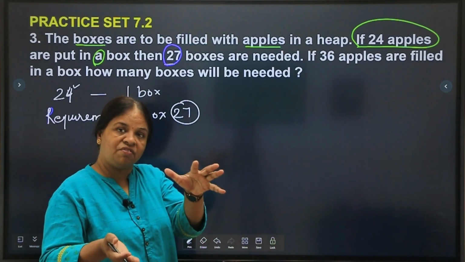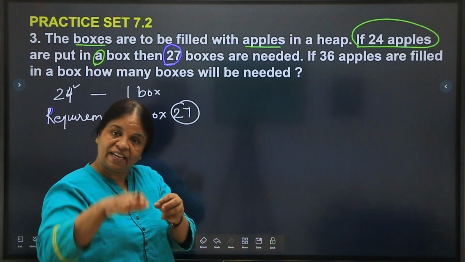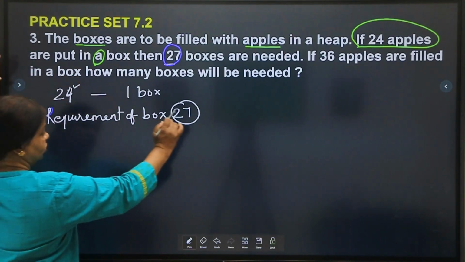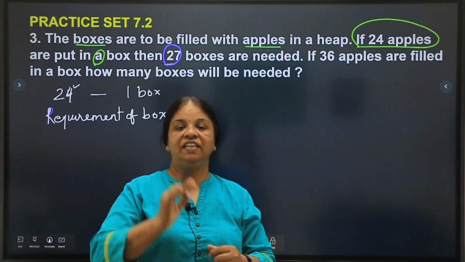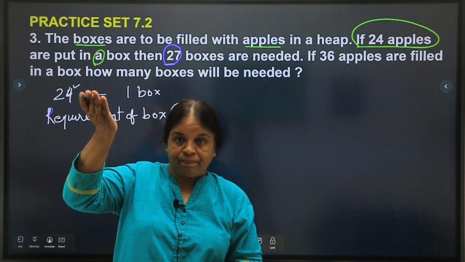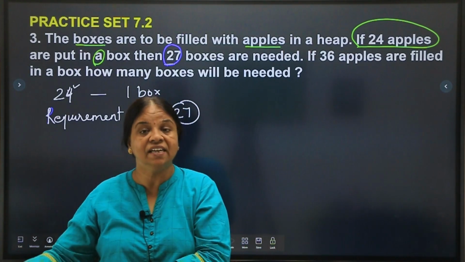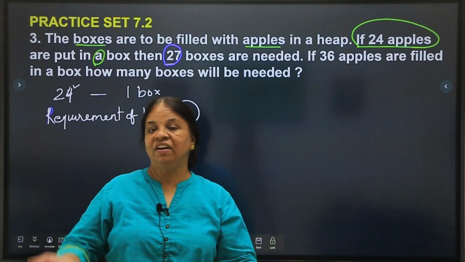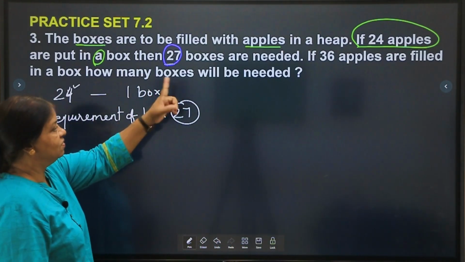That shows that the number of boxes and the number of apples are in inverse variation, because when we increase the number of apples in one box, the number of boxes needed decreases. When one factor increases, the other decreases, so there is an inverse variation.